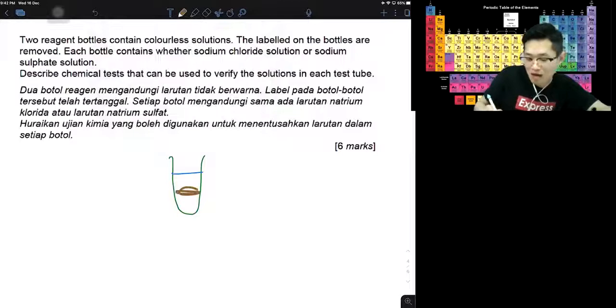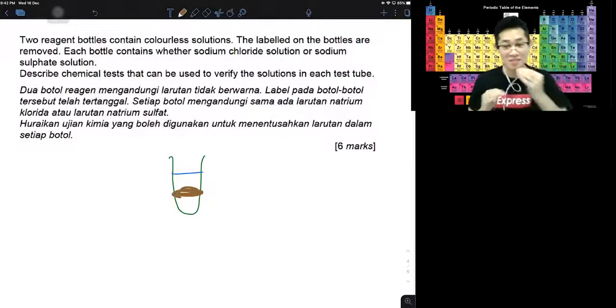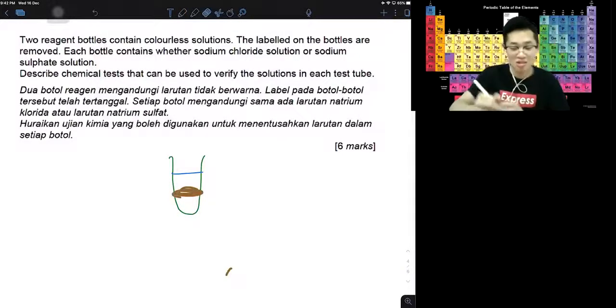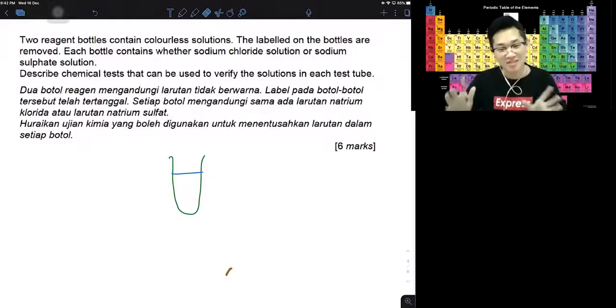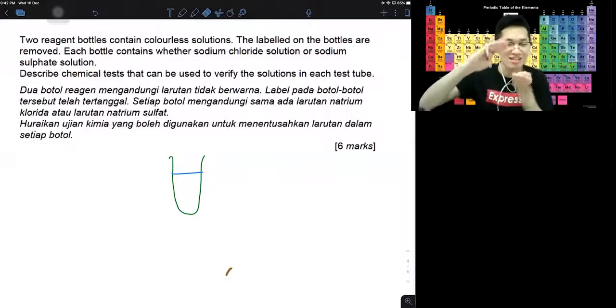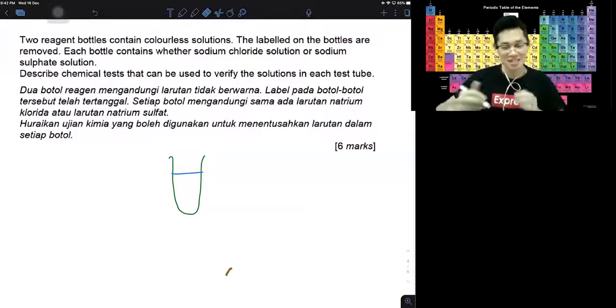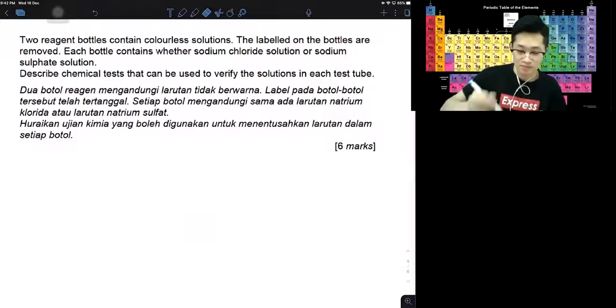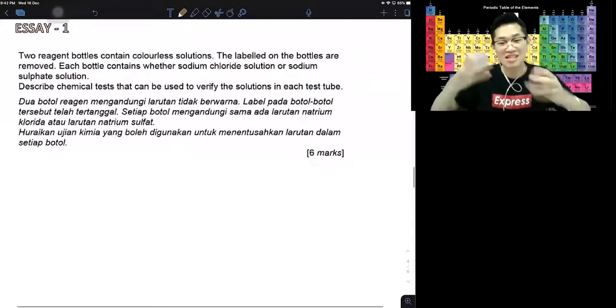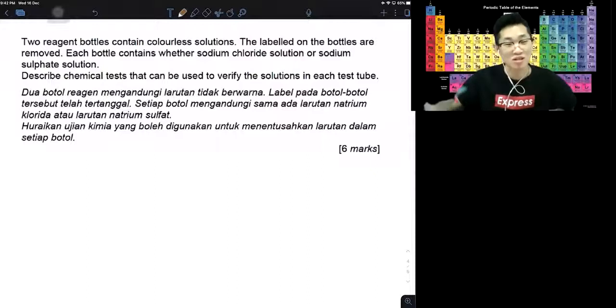Brown ring is like a brown layer in the middle. If you shake already, then the whole thing, boom, missing. You want everything concentrated in the middle layer, brown color like that. If you shake, then the brown will go missing, because it gets diluted by the solution around it, so the brown will not be visible.